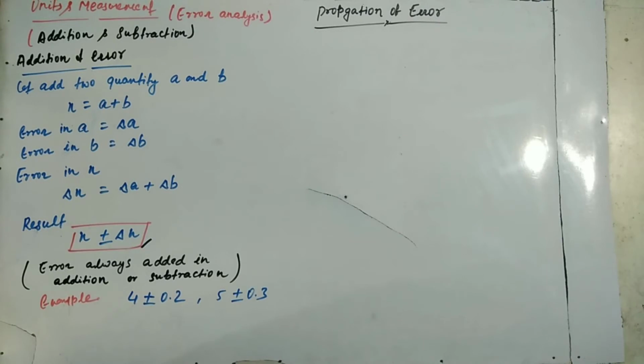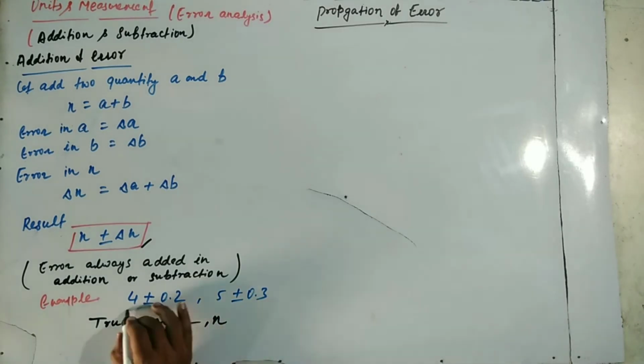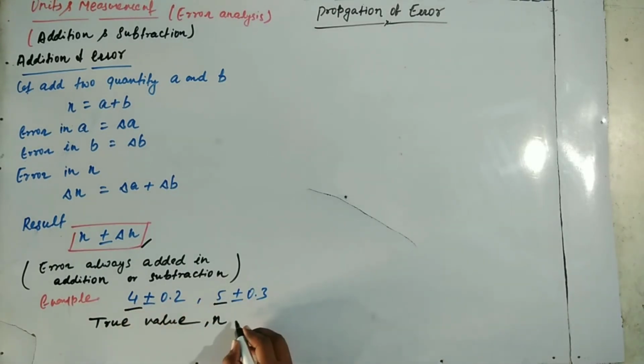The true value of the first is 4 and of the second is 5. So the true value X equals 4 plus 5 equals 9. It is the true value.